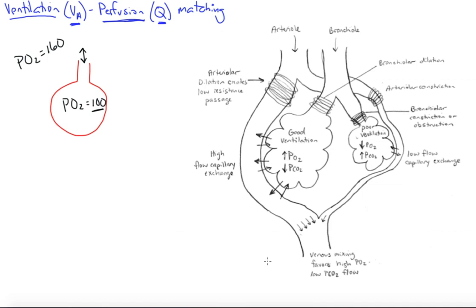Whereas if you go to the bottom of the lung, the blood tends to flow downhill. Remember, the heart's kind of in the middle of the lungs. The pulmonary pressures are low, and so the downhill flow to the bottom of the lung is much better. That tends to compress the alveoli a little bit. The ventilation there is still very good, but now the blood flow is much higher.